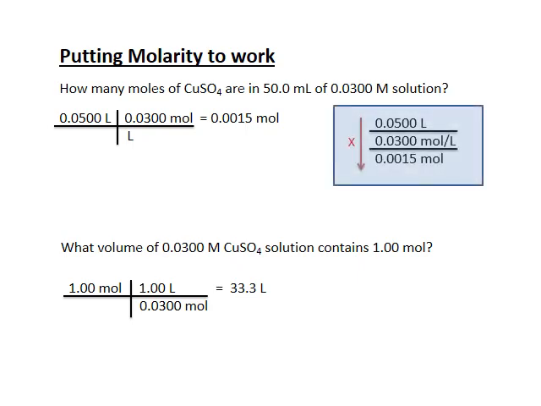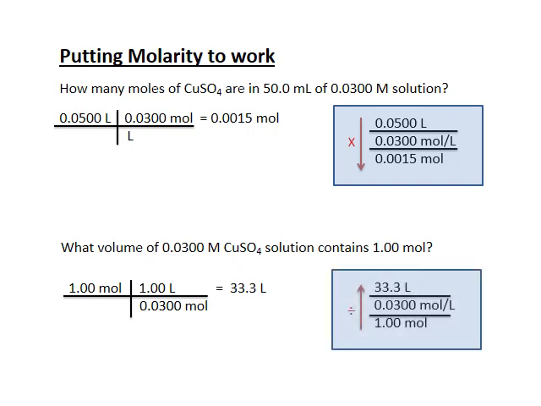Another way of looking at this, to put it in a stoichiometry type of perspective, is if I have liters on top, moles per liter on the second row, and then moles on the third row, I can multiply down. So you can see that's what we did there in that first problem. We multiplied down. Likewise, I'm dividing up.